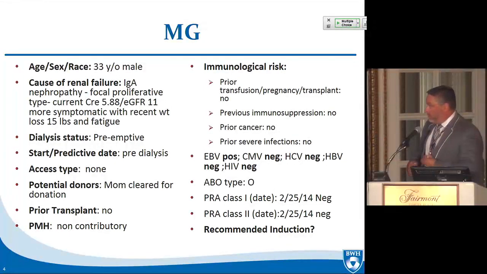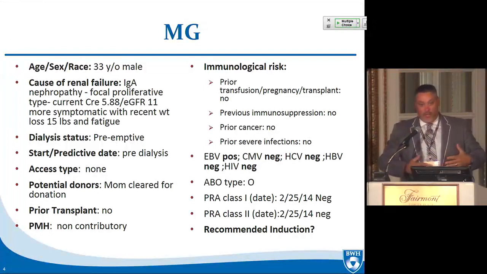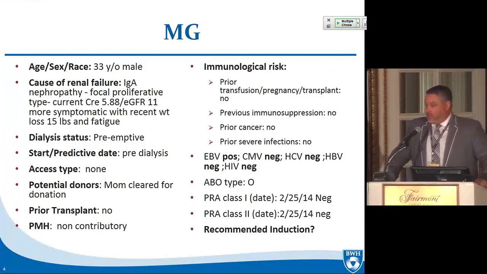We're going to start off with induction, potential recommendations for induction. This is where you can't look at one set of immunosuppression in a silo, because oftentimes maintenance immunosuppression plans will dictate how you immunosuppress with induction therapy. So this is a patient that's low risk.